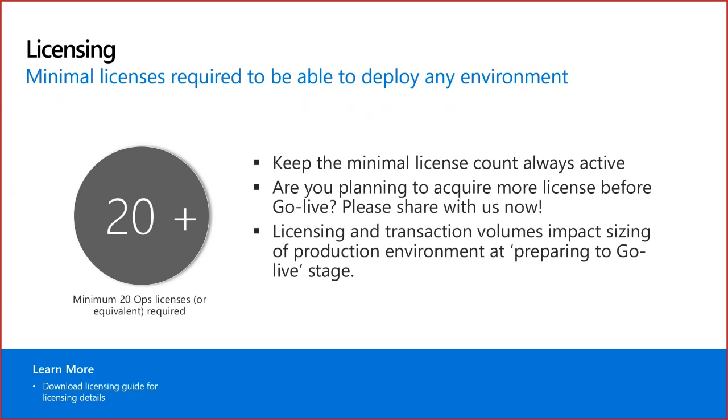Also, we ask if you're going to get additional licenses. We mention that the number of licenses and the transaction volumes have a major impact on the size of the production environment. Also, in an onboarding meeting, at this time, we usually show the subscription estimator. And we talk a little bit about it, some recommendations, and also where you can download this document from LCS. But today, for time's sake, we will skip that part.